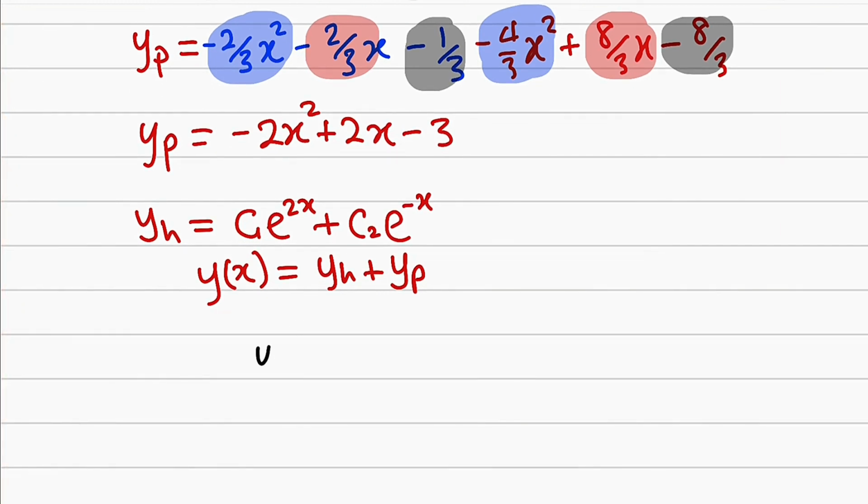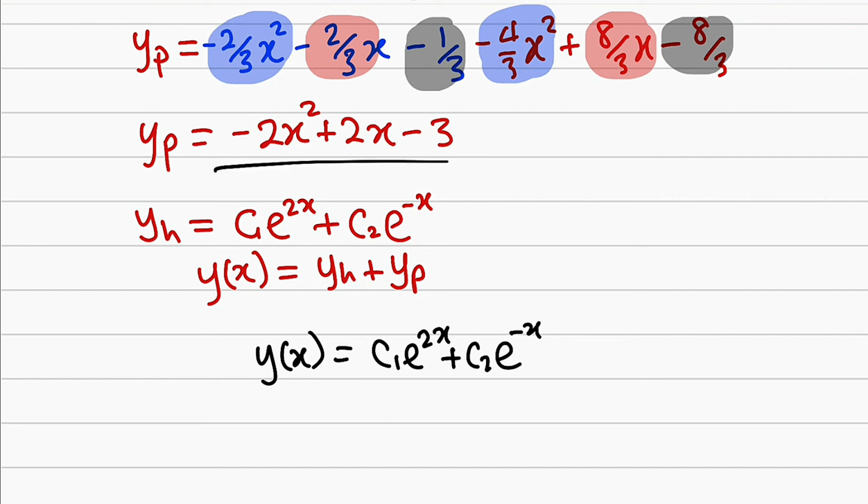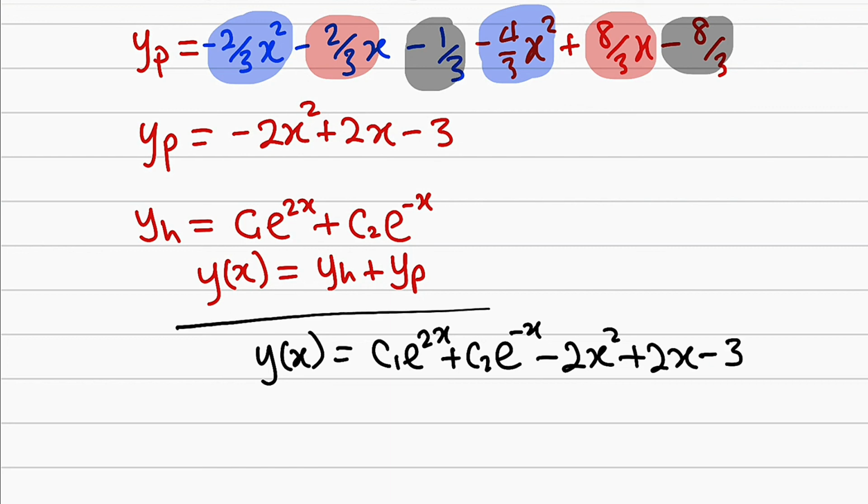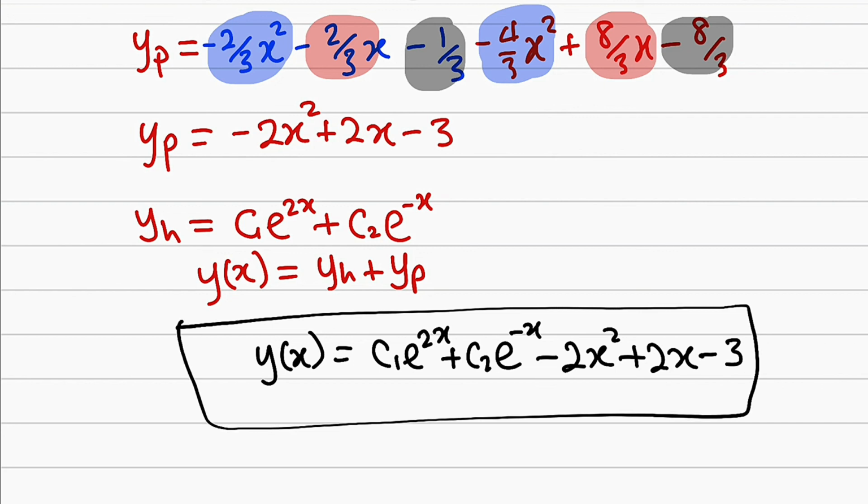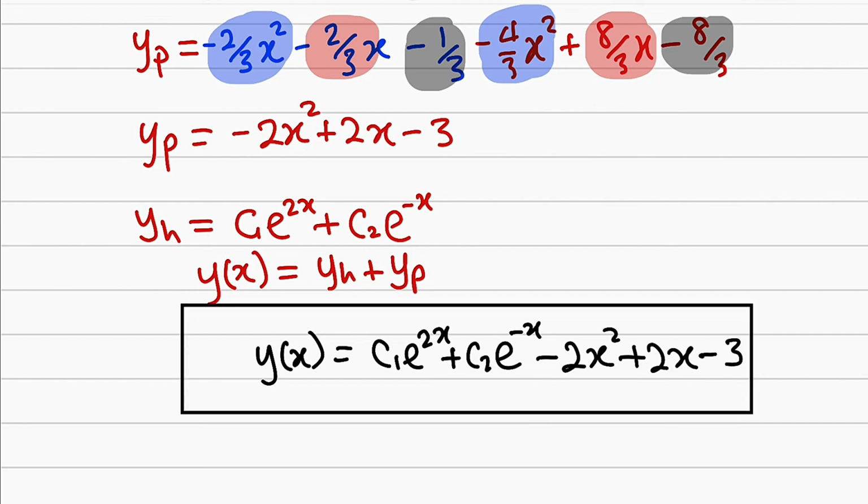And finally, y of x equal to c1 e to the 2x plus c2 e to the negative x. Then we bring the other one, which is this, negative 2x squared plus 2x minus 3. And this is our general solution for this linear second order non-homogeneous differential equation.